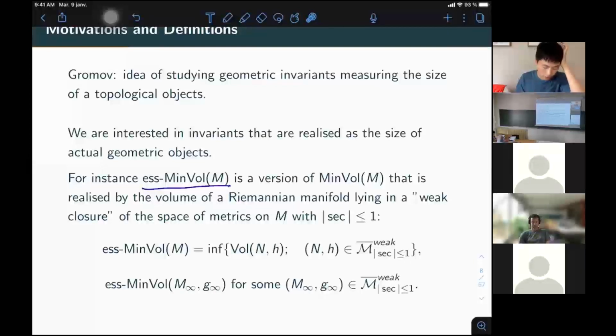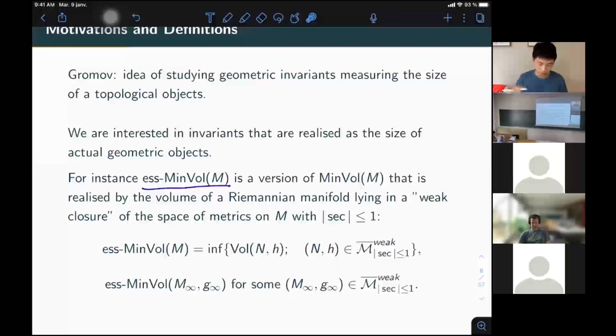And so I'm going to just write it down here, not rigorously. The essential minimum volume, you can take it as a second definition if you want, as the infimum of the volume of elements, and these elements are certain Riemannian manifolds lying in a kind of weak closure of the space of metrics with bounded sectional curvature.